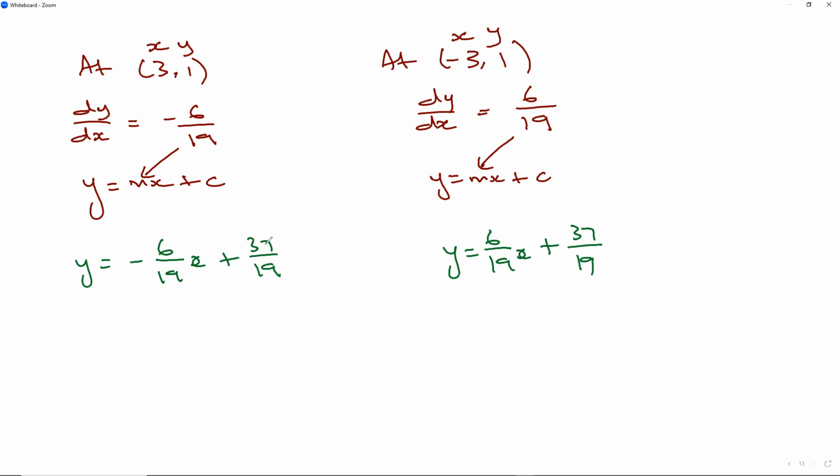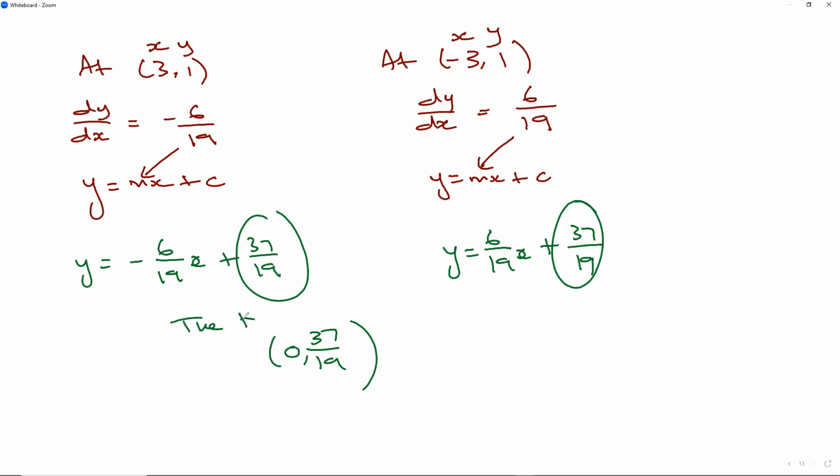And well, look at that, they both have the same y-intercept. So immediately I can tell from this, which saves me time to do simultaneous equations or anything else. The y-intercept is where they meet, and so therefore the tangents meet at the y-intercept.